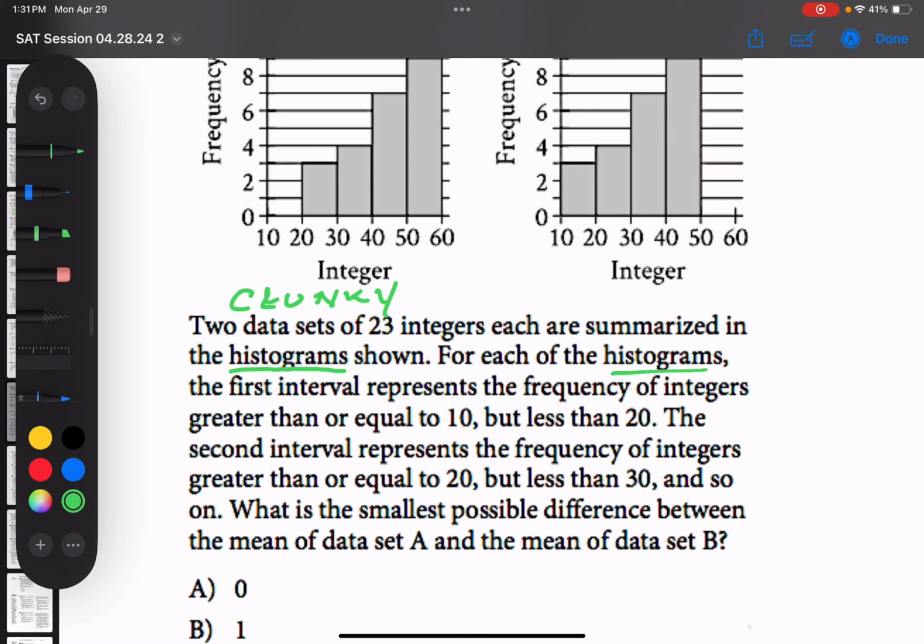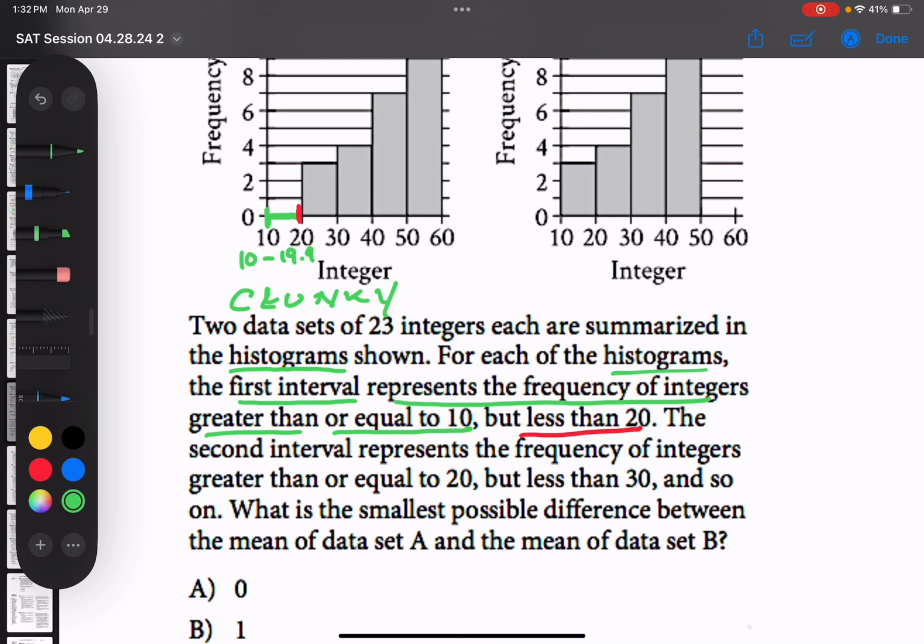Now, for each histogram, the first interval represents a frequency of integers greater than or equal to 10. So they're saying this interval right here is going to represent numbers that are equal to or greater than 10, but check this out, less than 20. So if I go all the way up to this end, it's going to be less than 20. So that means our numbers can go from 10 to, let's say, 19.9.